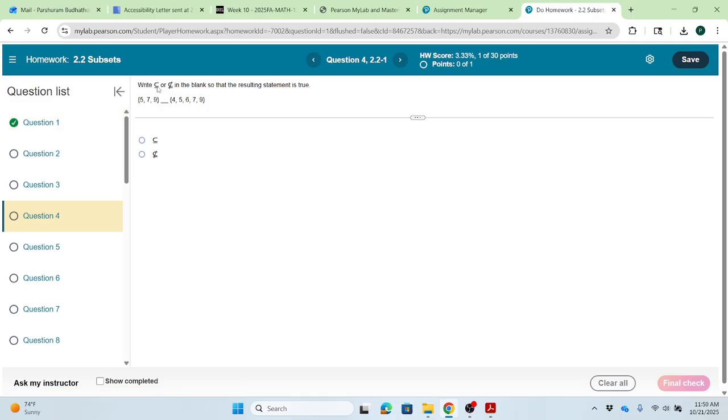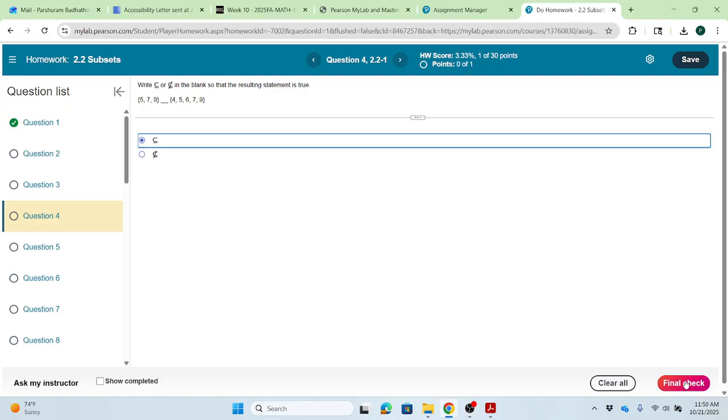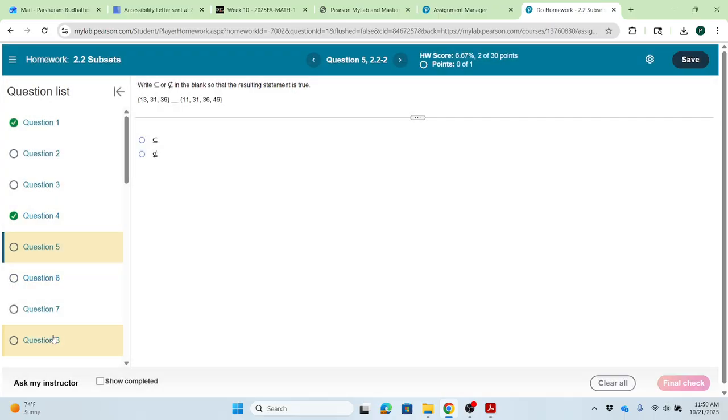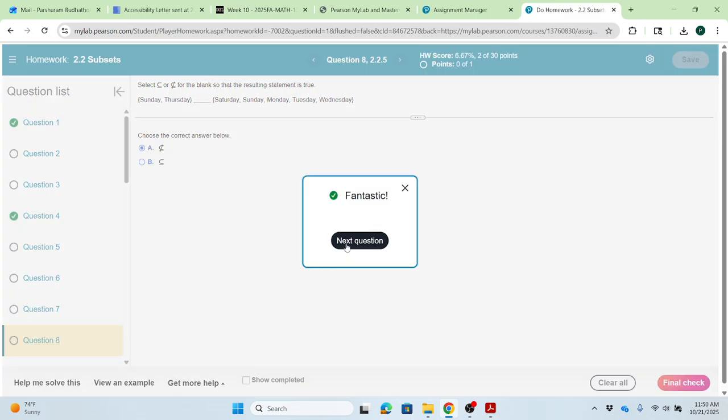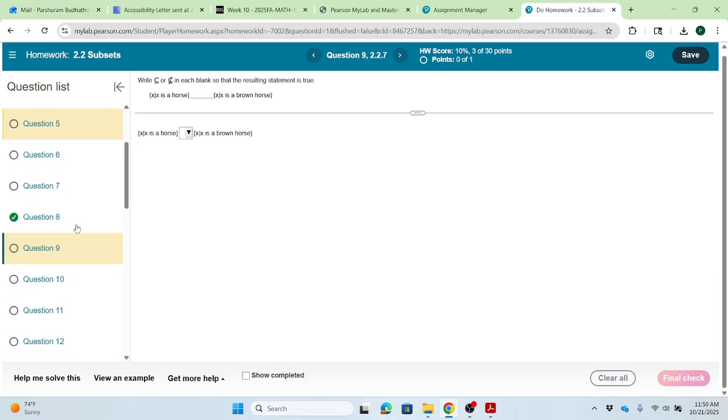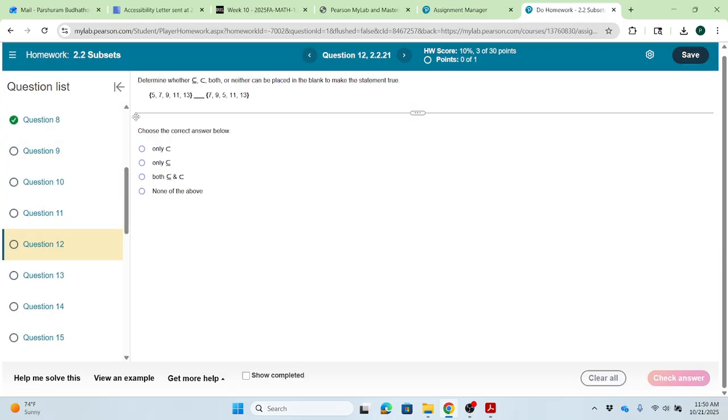Write subset or not subset. 5, 7, 9, check if all of them are here or not. 5, 7, 9, yes, so it's a subset. Sunday, Thursday, Sunday, and there is no Thursday, so it's not a subset. 5, 7, 9, 11, 13, and there is a 5, 7, 9, 11, and 13, so they are equal.